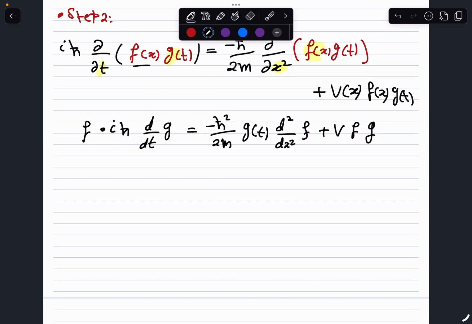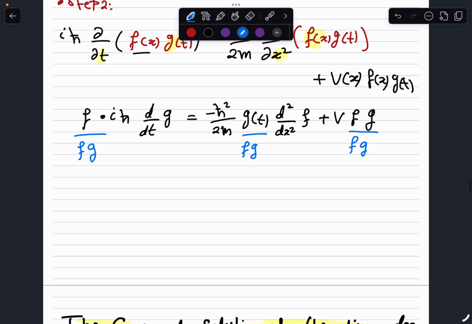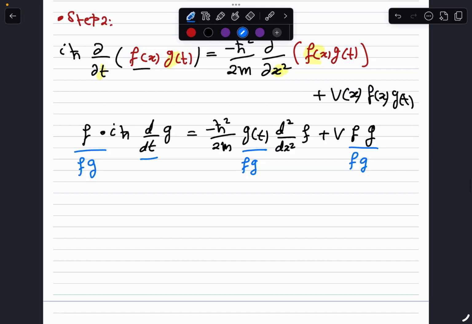Now again we do the same as in the example. We divide by f and g. This is of course the derivative applied on g, and this is the second derivative applied on x. After simplification, f cancels with f, g cancels with g, and f times g cancels with f times g.